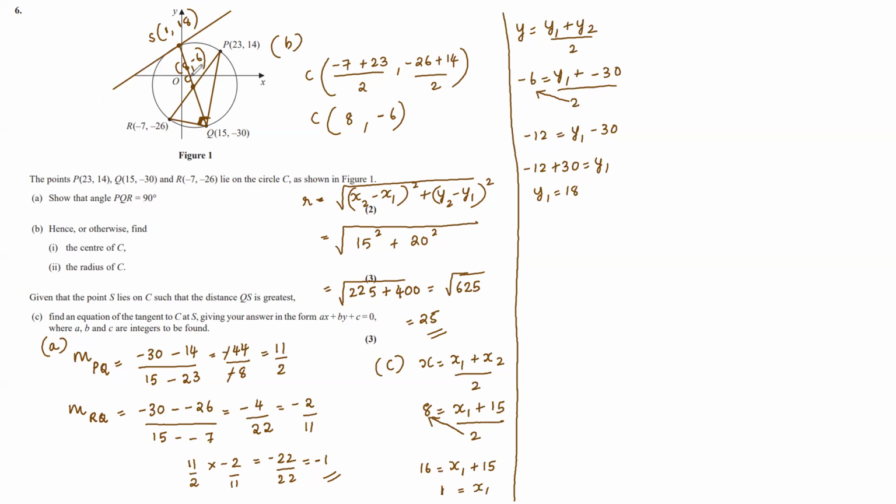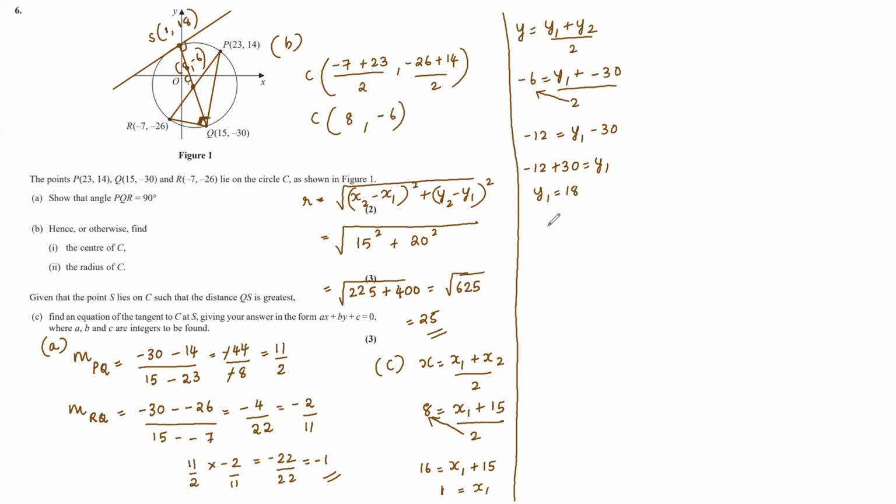And we need the gradient. So to find the gradient, what we will do is, we find the gradient of this radius, and then since these two lines are perpendicular, the radius and the tangent will always be perpendicular. The angle formed over there will be 90 degrees. So to get the gradient, we will find the gradient of the radius and then we will take the negative reciprocal.